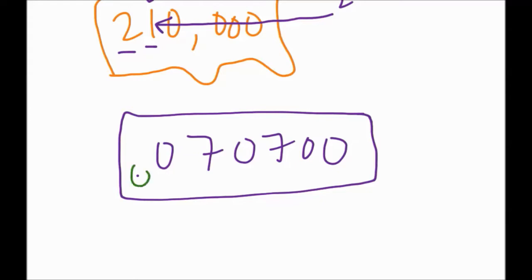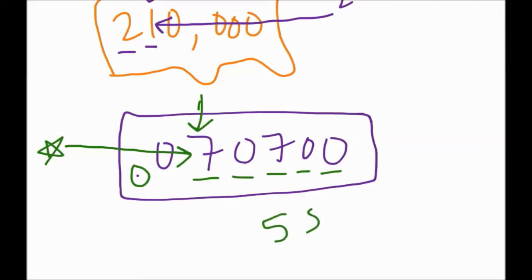So we can see that the decimal is present, so we're coming over from the Pacific Ocean, and we're going to stop at the first non-zero number, which is 7. That number and everything in the direction of this arrow right here is significant. So 1, 2, 3, 4, 5 sig figs. So that number has 5 significant figures in it. And that's how we actually count significant figures in a number.